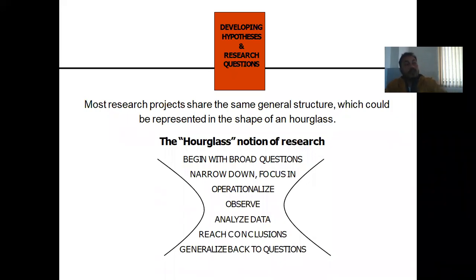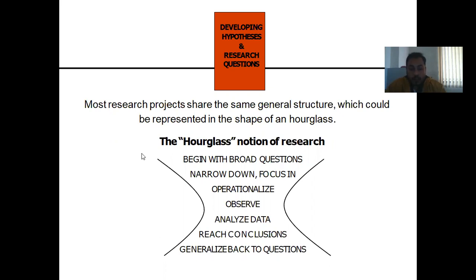Your thesis should be sent to some experts. They will then investigate your proposed ideas in that thesis, and on the basis of their review, your work will be accepted or not. So this is the hourglass notion of research that every research scholar should know, and you should follow, of course, right?